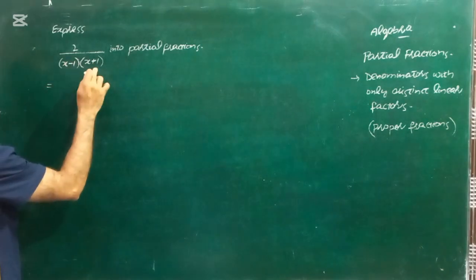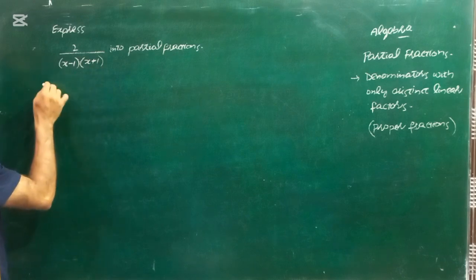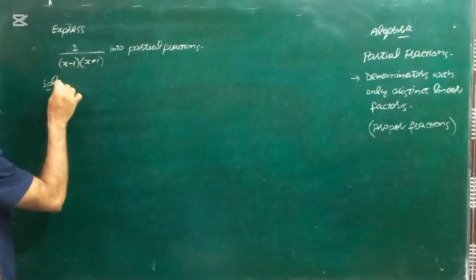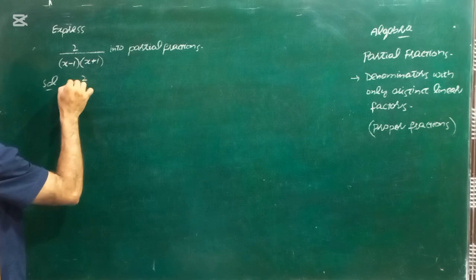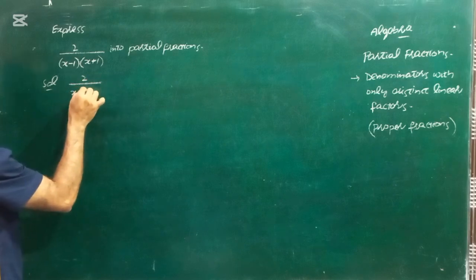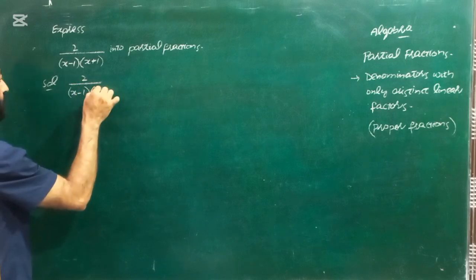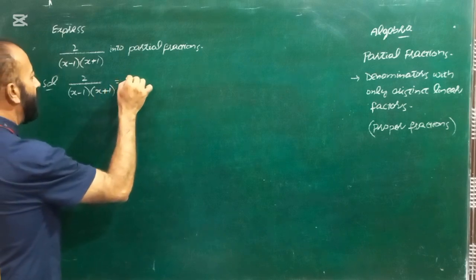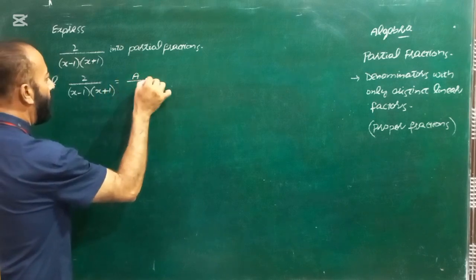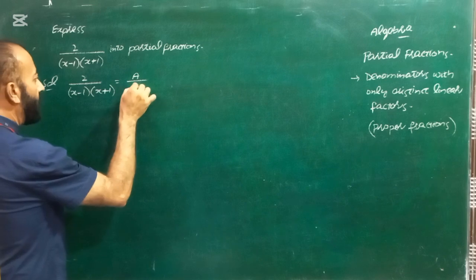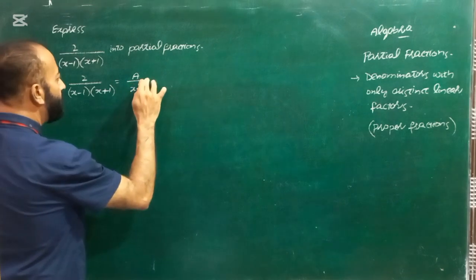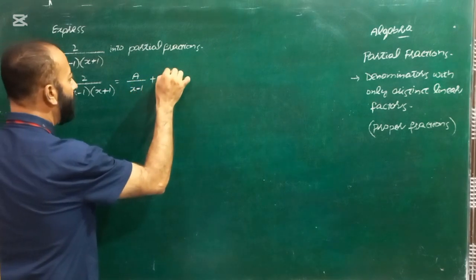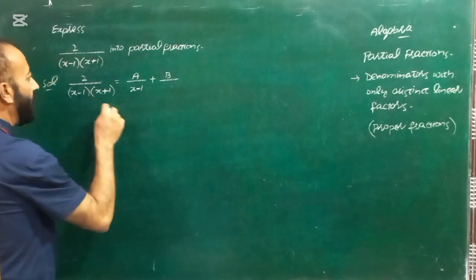2 over x minus 1 into x plus 1, so here is the solution. 2 over x minus 1 into x plus 1 will be written equal to a over the first linear expression, plus b over the second linear expression.